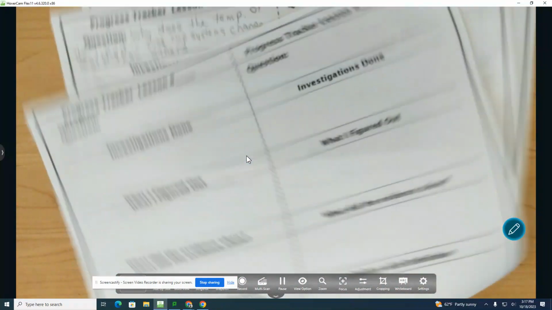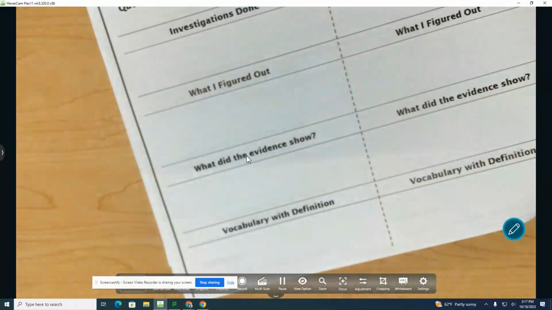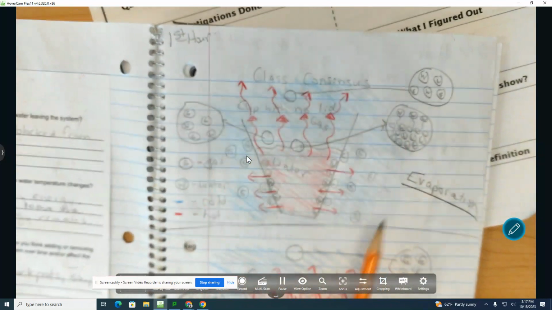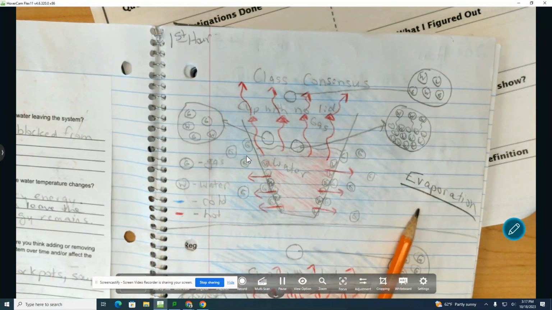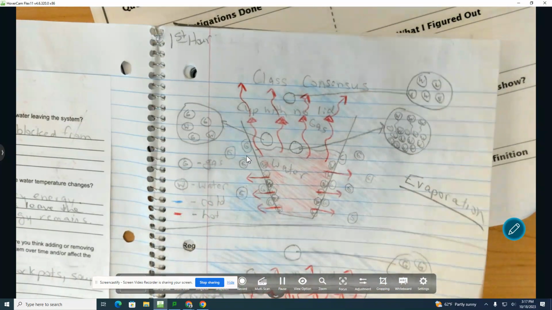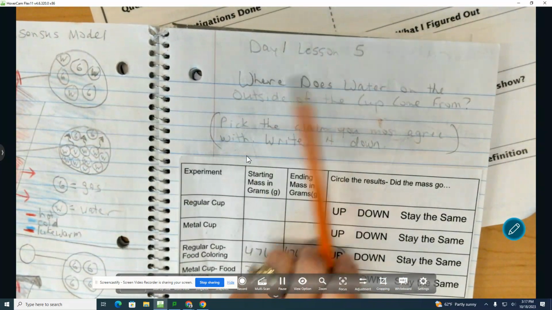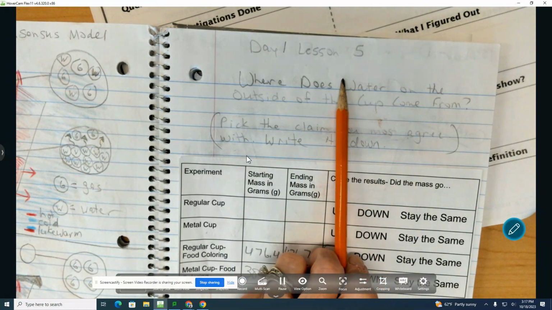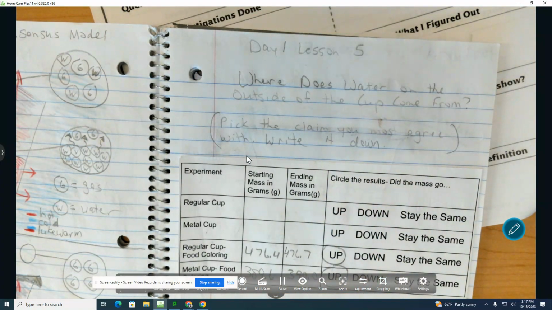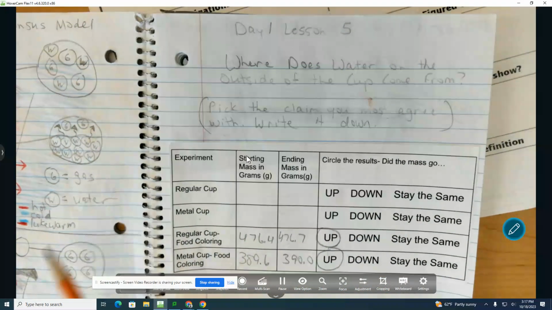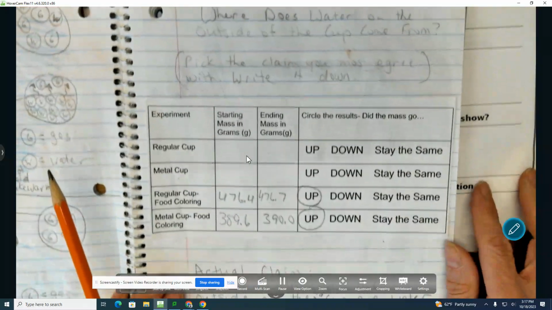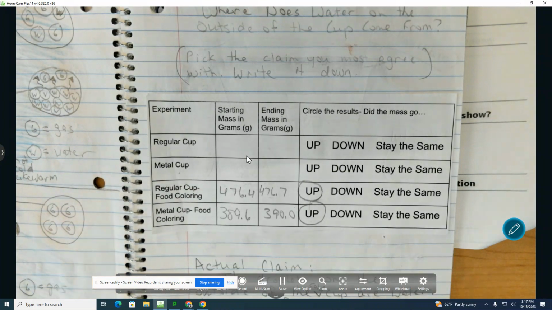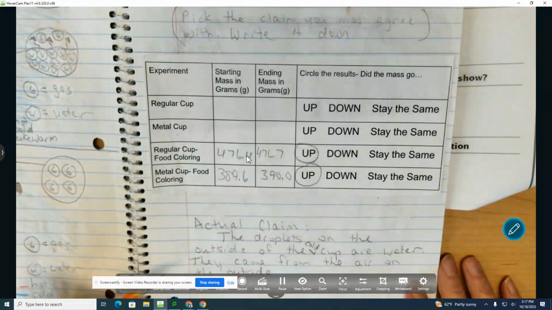Then in lesson 5, again, you're just going to be kind of flipping through. Here's some models for lesson 4. This was evaporation. That's lesson 4. Lesson 5, this was, where does water on the outside of the cup come from? That's lesson 5. So that's the question you write down for lesson 5. What did we learn? We learned a couple of things. We learned that the droplets on the outside of the cold cup are water.